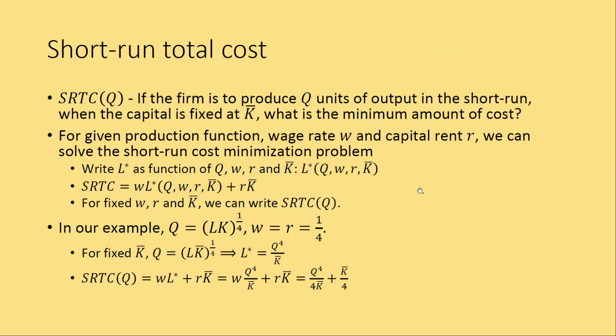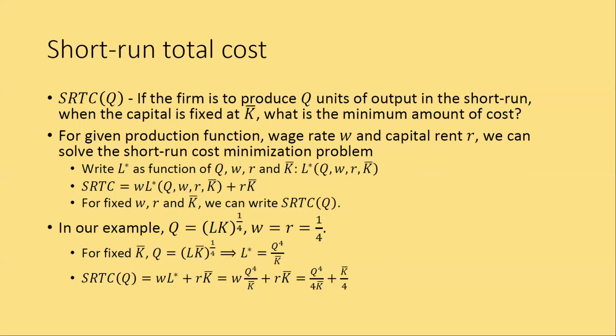So moving into the short run, we can similarly derive and define our short-run total cost function as we did for the long run. Similarly, in the short run, the amount of capital is fixed, and we can ask, if the firm wants to produce 2 units of output, what is the cost it has to incur?